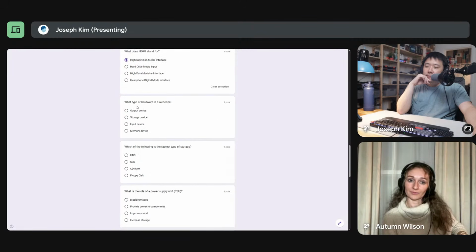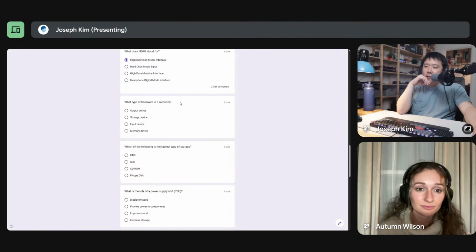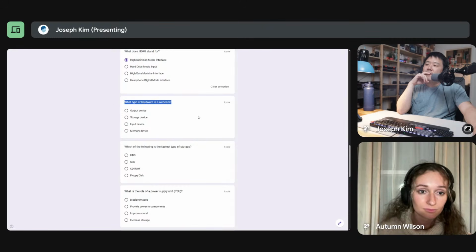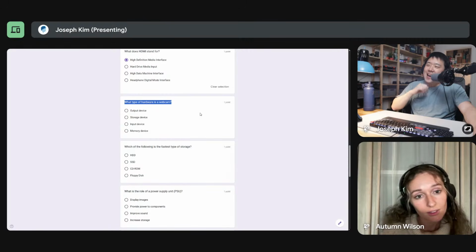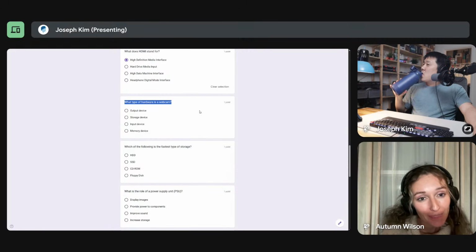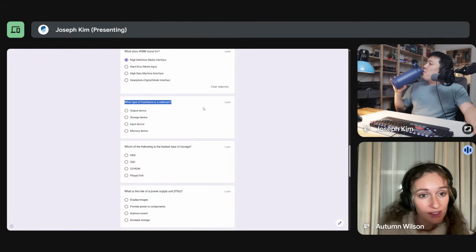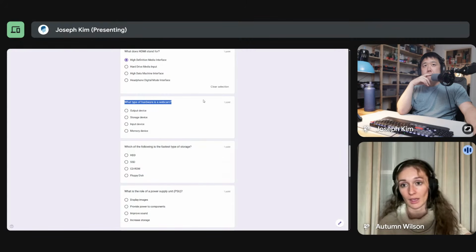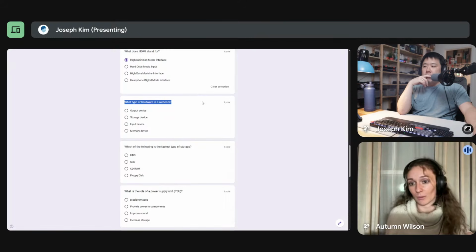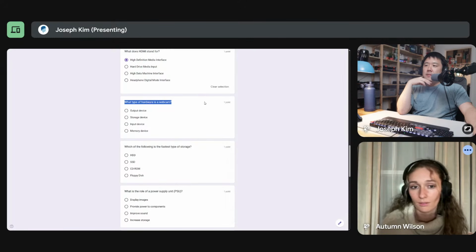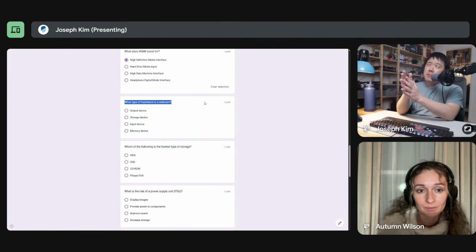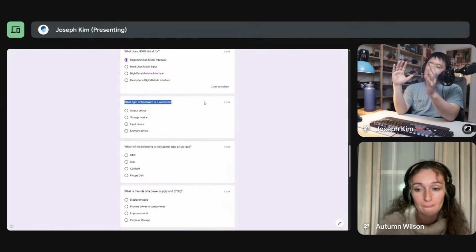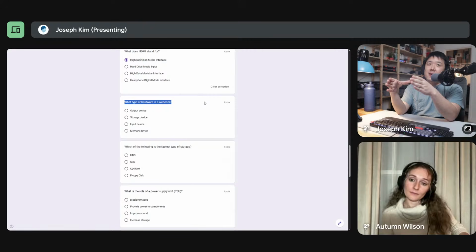What type of hardware is a webcam? Interesting way to ask that. My mind says output device, but it depends, because you can get a separate webcam, but your computer comes with a webcam as well. Some, not all. Typically, peripherals are considered input devices, so everything is perspective from the machine.